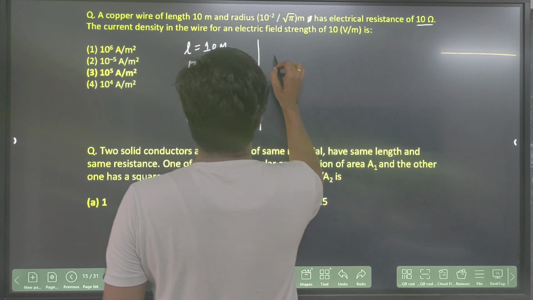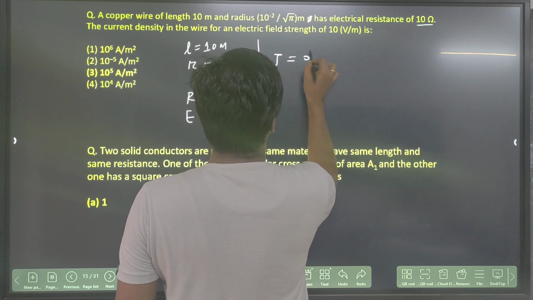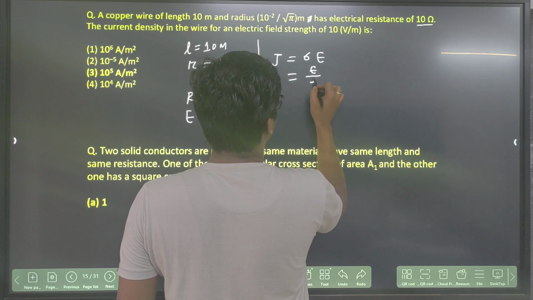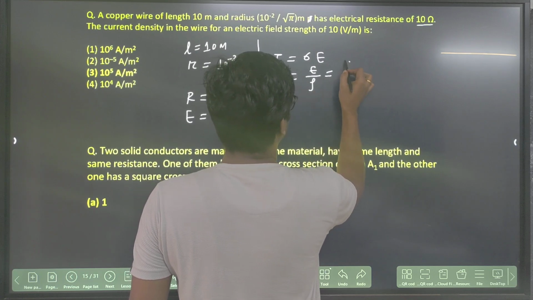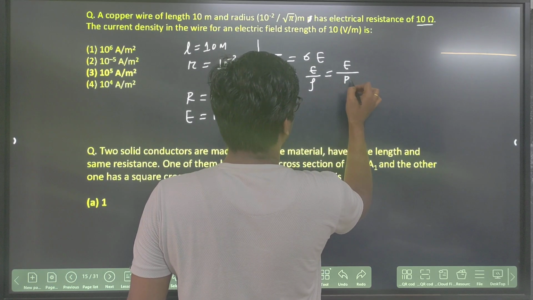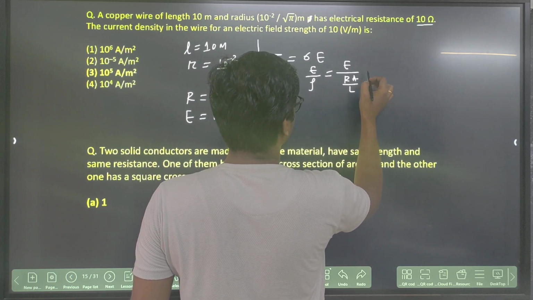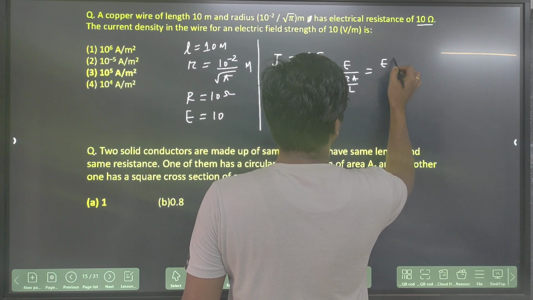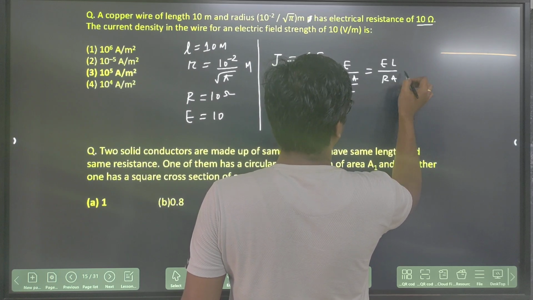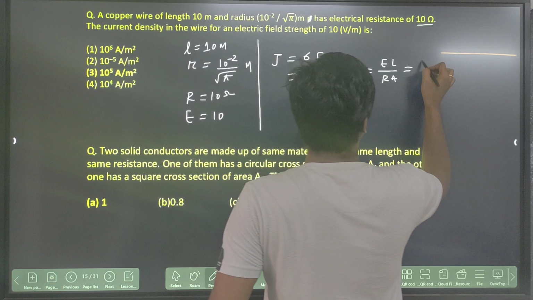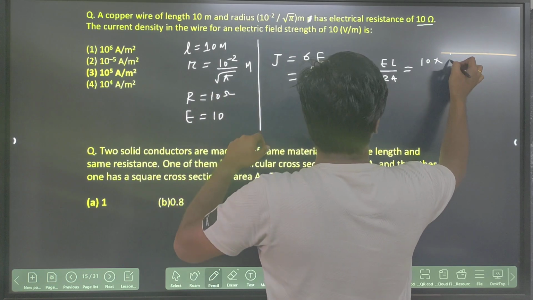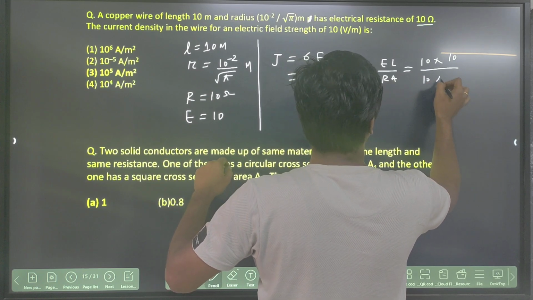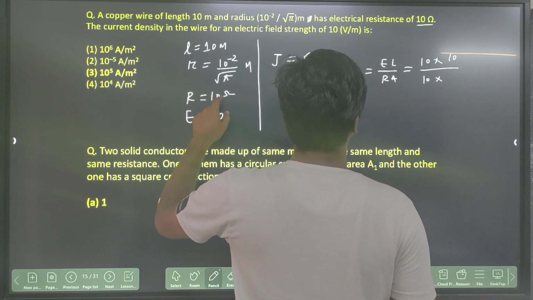So we have to find out J. We know that J equal to sigma into E. We can write E by resistivity, where resistivity is RA by L, so it can be written as EL divided by RA. Put in all the values: E is 10, length is 10, divided by R which is 10, into the area.